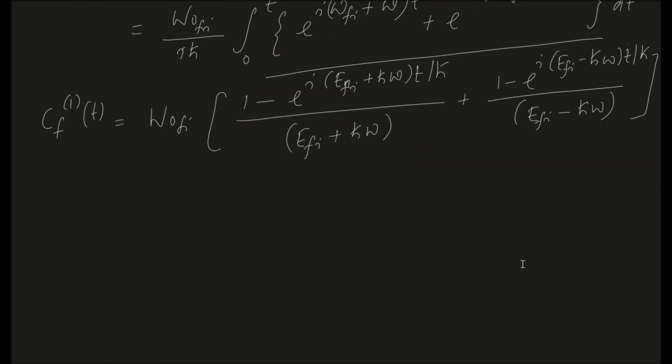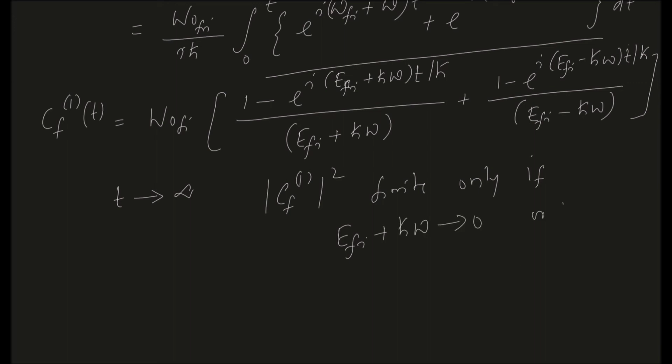Now for t going to infinity, in the limit, this |C_f1| squared will become finite only if the denominator goes to 0. That means only if E_fi plus h cross omega goes to 0, or E_fi minus h cross omega goes to 0.